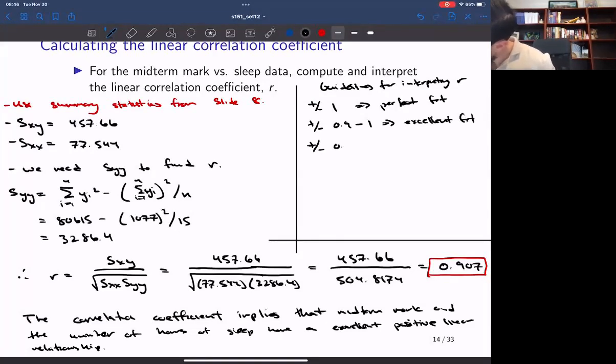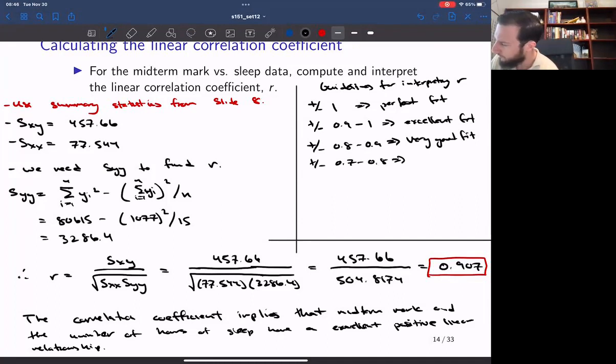Plus or minus 0.8 to 0.9, we can think of as being very good. Plus or minus 0.7 to 0.8 would be good. Plus or minus 0.6 to 0.7 would be moderate.